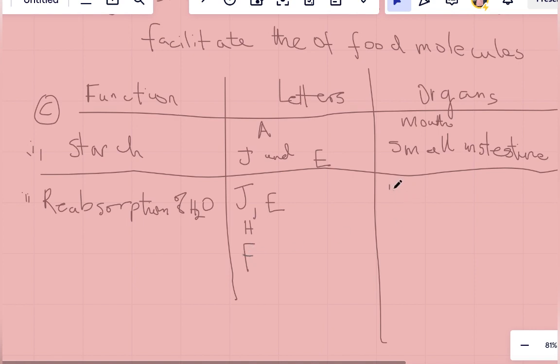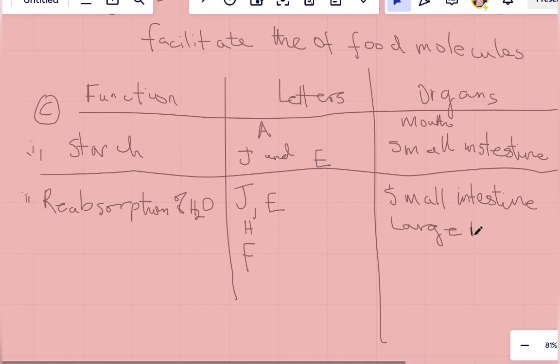So here we say small intestine for J and E, that's the small intestine, and then H is the large intestine, or what you call the colon.